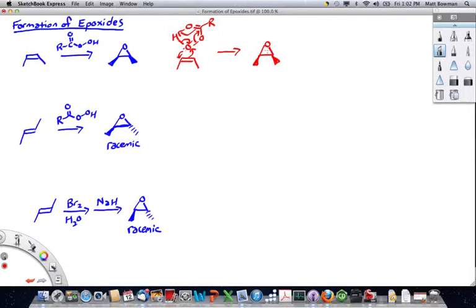And you get this epoxide as a product, and as a byproduct of this reaction you get a carboxylic acid. So this is the product. The important thing is that it's actually a syn addition, meaning if you start off with a cis alkene, your epoxide ends up cis.